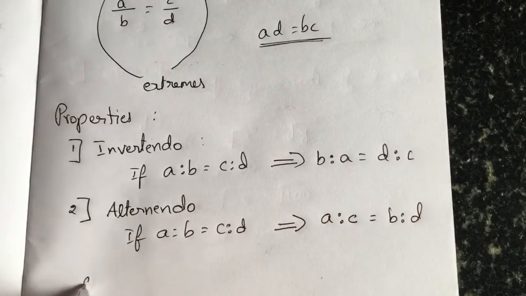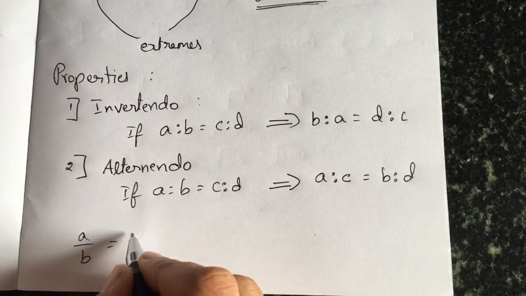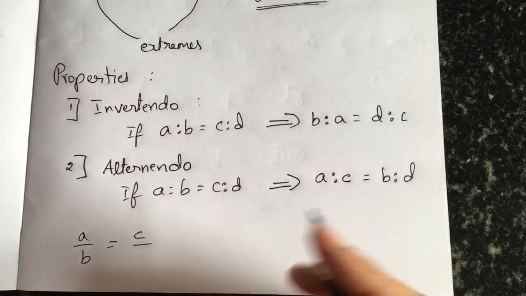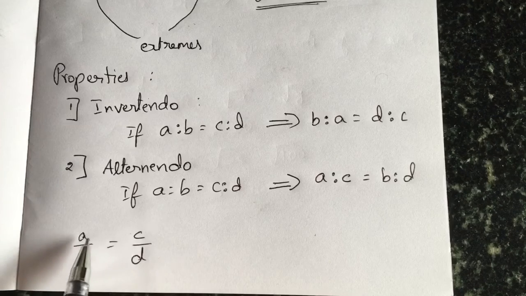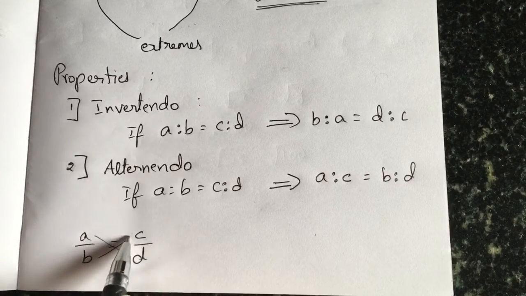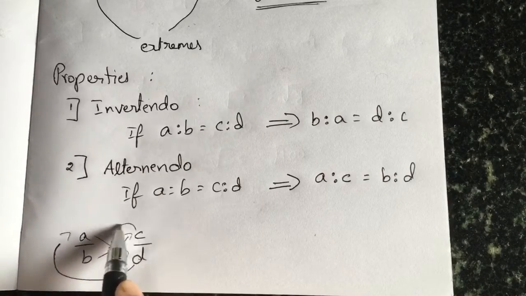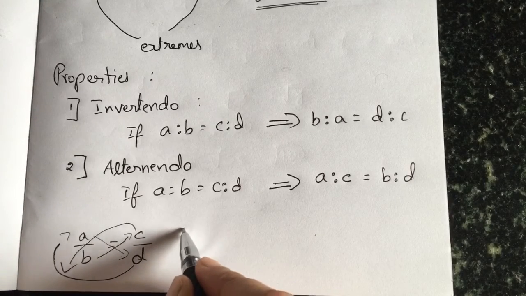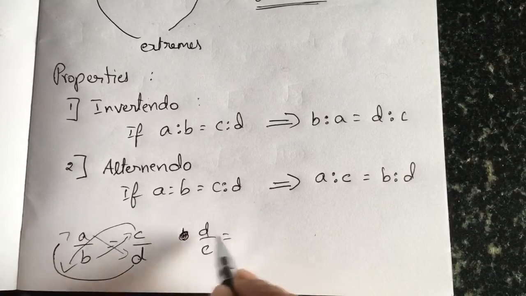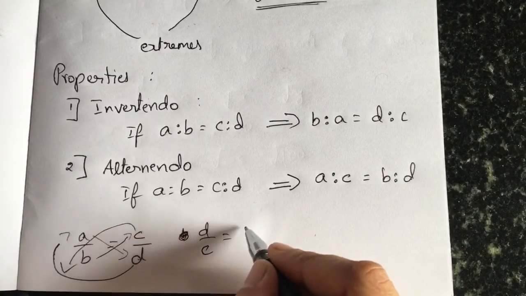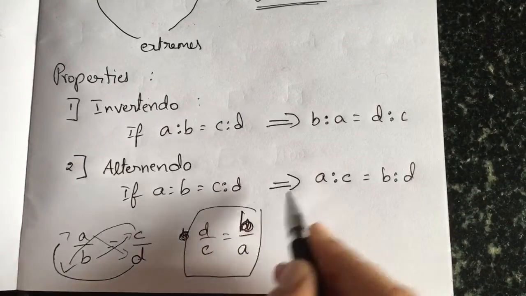You can observe, if you write it like this, it's quite easy to understand, because we have learned how to solve problems with fractions. When I take this over here and this over here, so that A goes down, that's nothing but D by C, and when you take this to this side, this will be B by A, which is nothing but this.